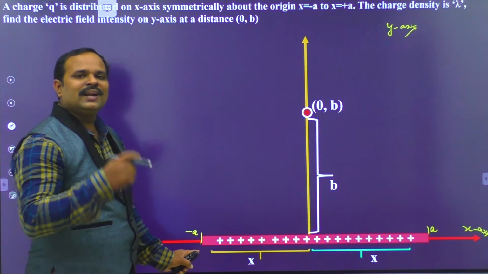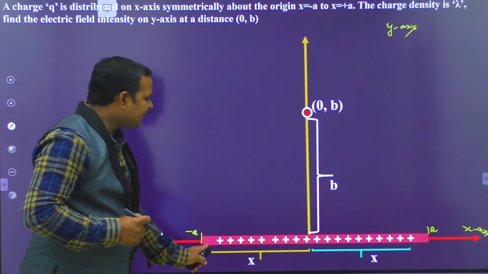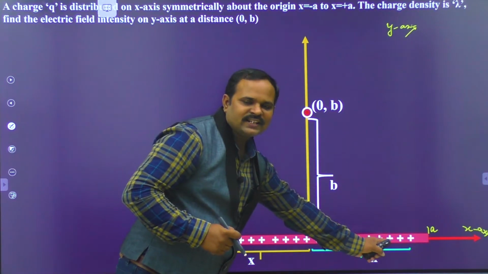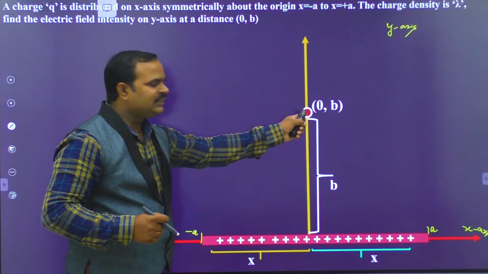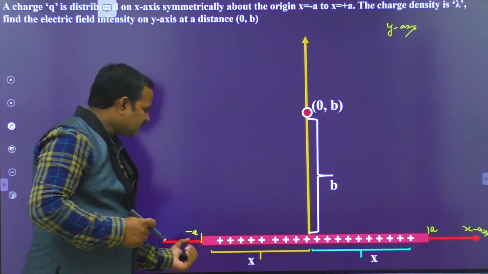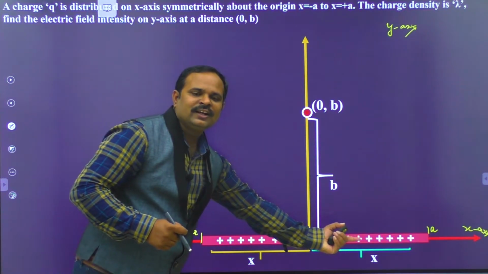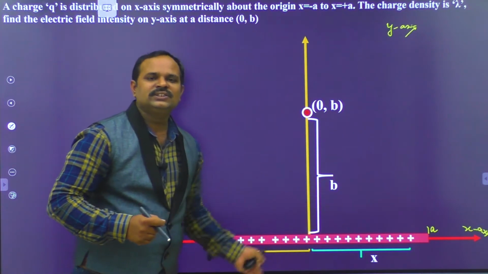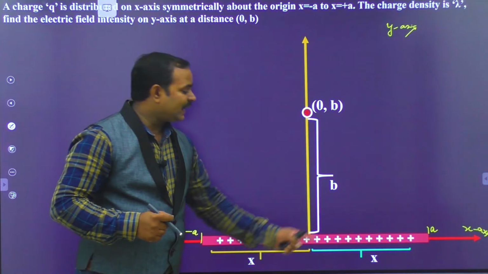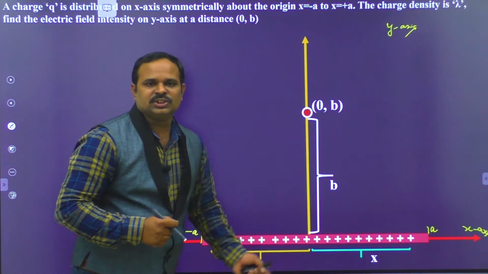So let us consider a small charge on the left side and a small charge on the right side, and find the electric field at this point due to the small charges from the left and right sides. Later we extend the discussion to the entire length of this uniform charge distribution.